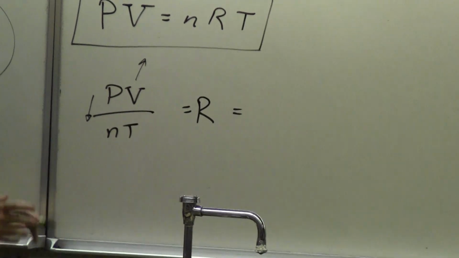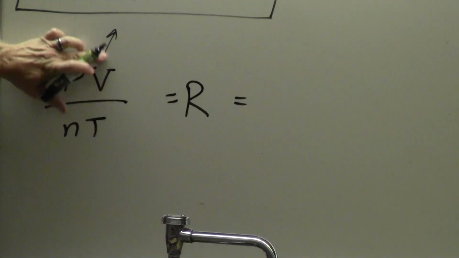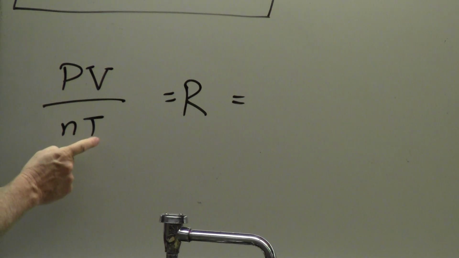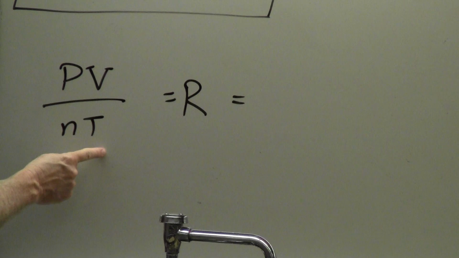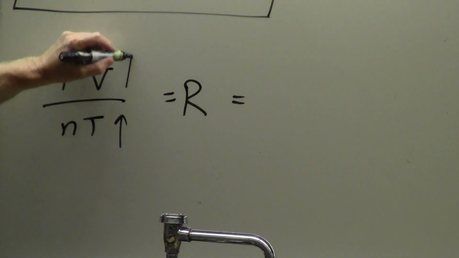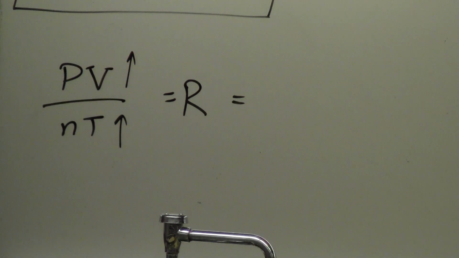Or what about this? What if I left the pressure the same but increased the temperature, left the number of molecules the same? Well, that means the volume would have to go up.